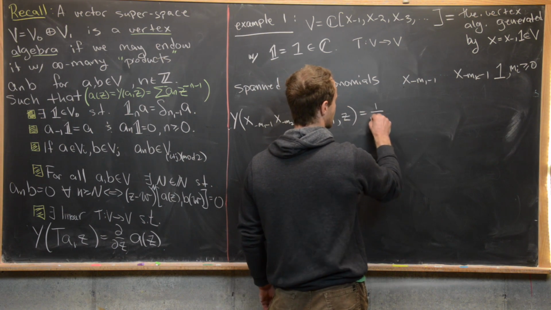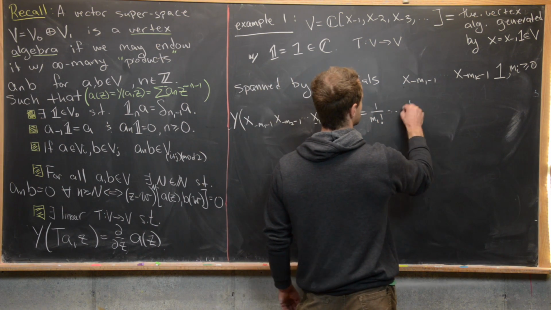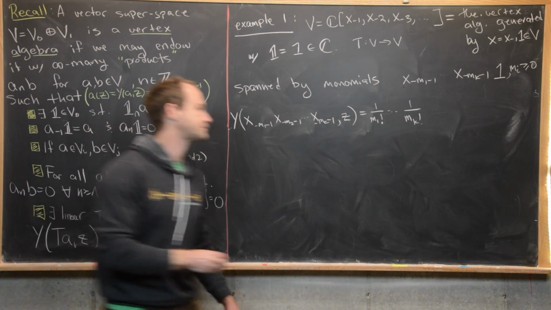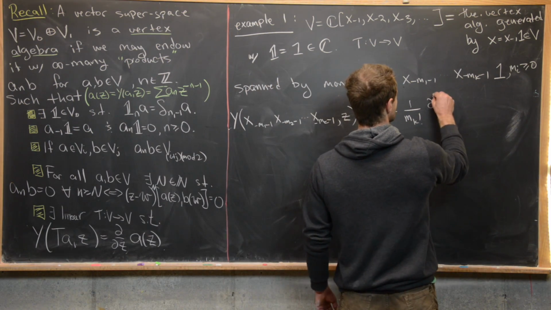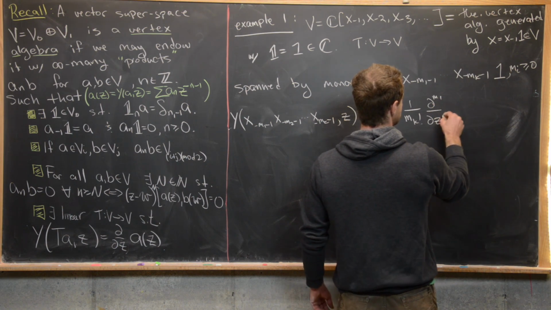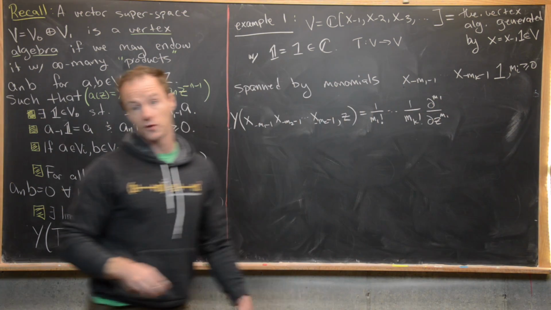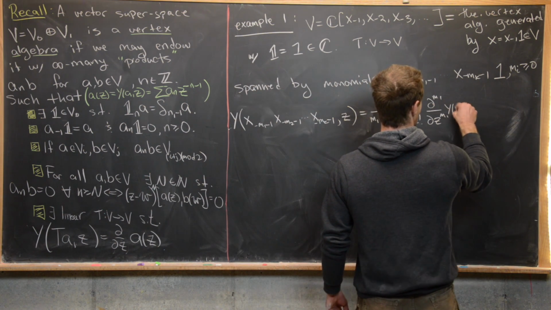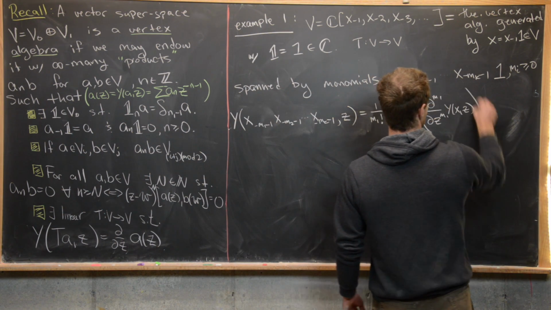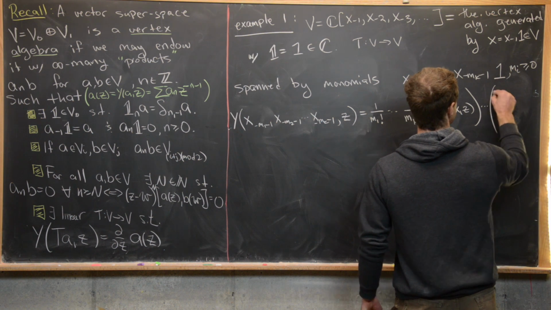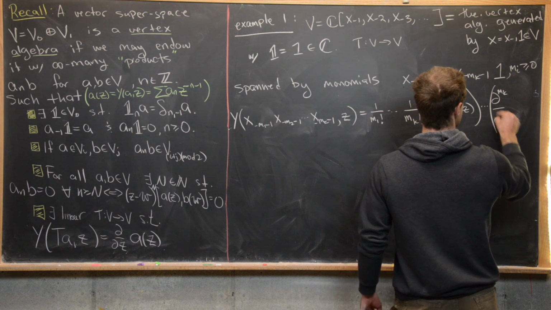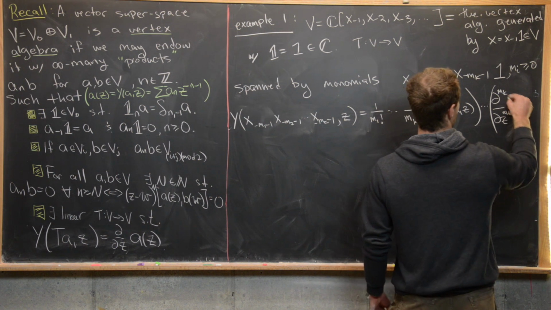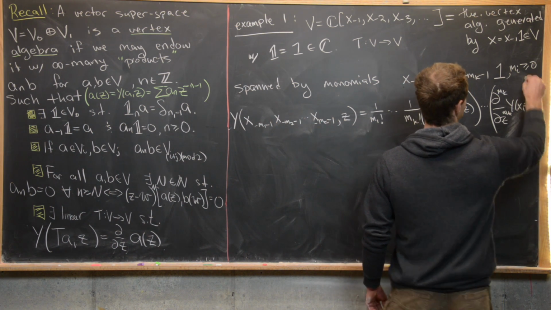We've got 1 over m1 factorial multiplied all the way up to 1 over mk factorial, and then the m1-th partial derivative with respect to z of y x z, multiplied all the way up to the mk-th partial derivative with respect to z of y x z.